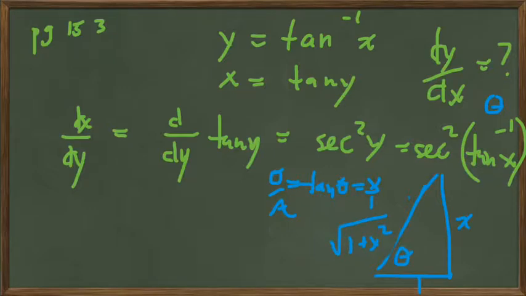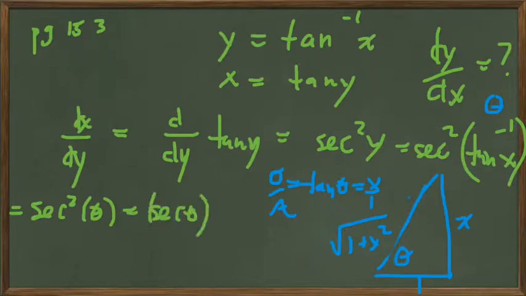And so if we continue our derivation, we wanted secant squared of tangent inverse of x, which is the same as secant squared of theta, which is secant of theta squared, and secant is what, the reciprocal of cosine. Cosine is adjacent over hypotenuse, so this is the hypotenuse over the adjacent squared that we're trying to find.